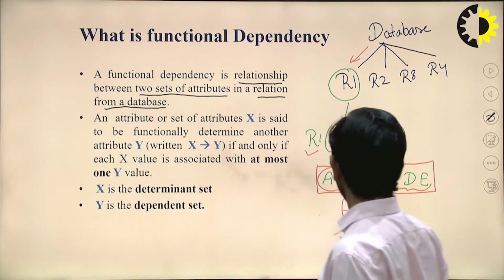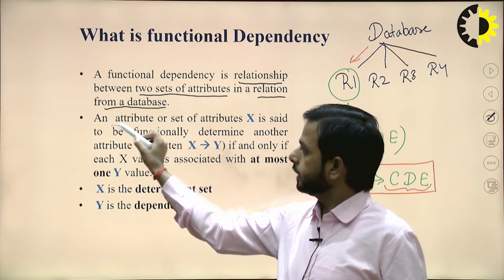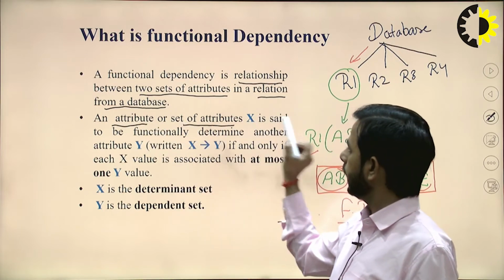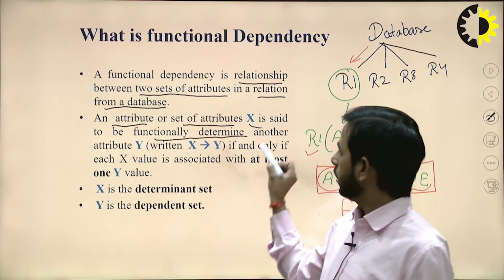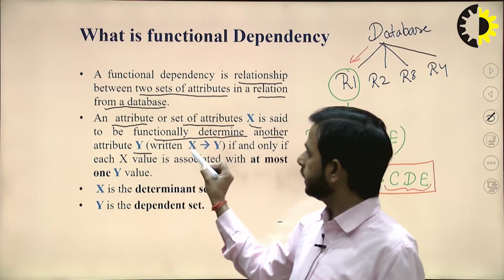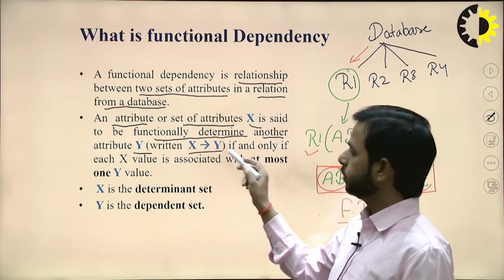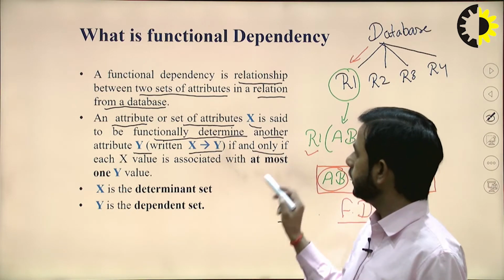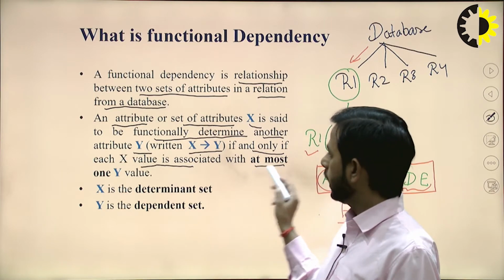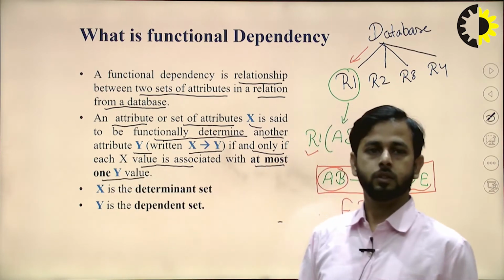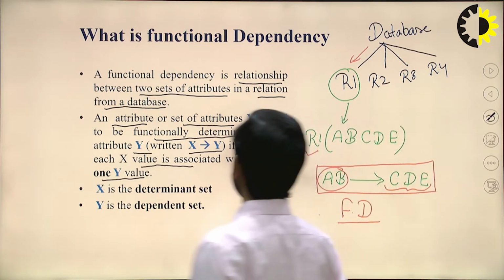Now let's see the next point. An attribute or set of attributes X is said to functionally determine another attribute Y, written as X derives Y or X determines Y, if and only if each X value is associated with at most one Y value. So what does it mean?